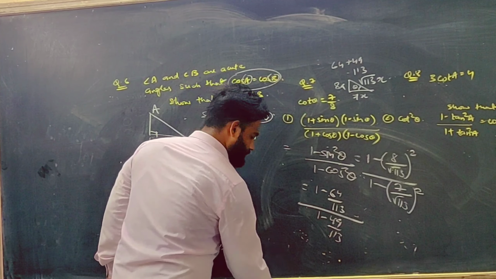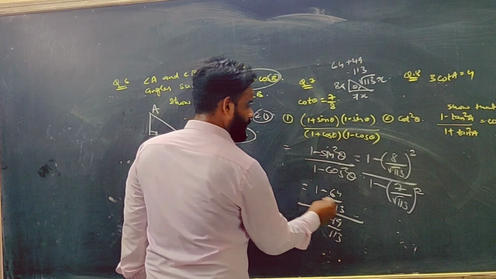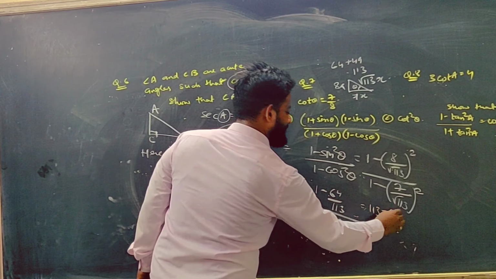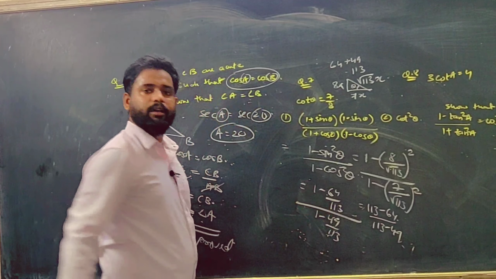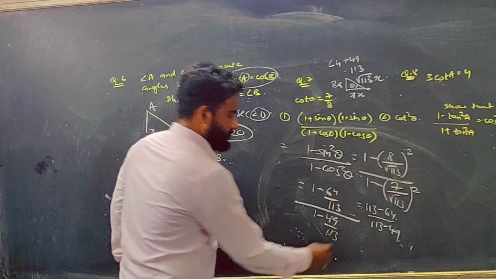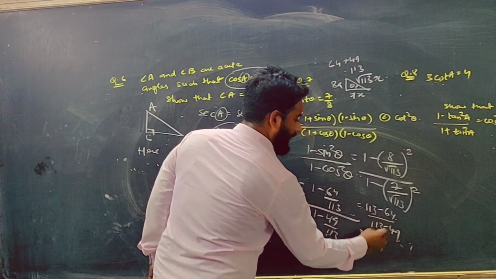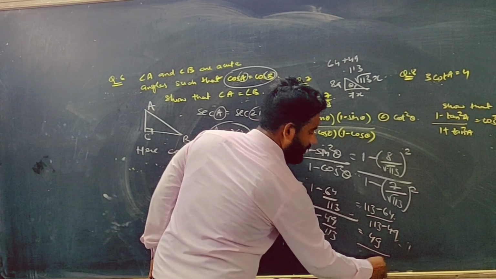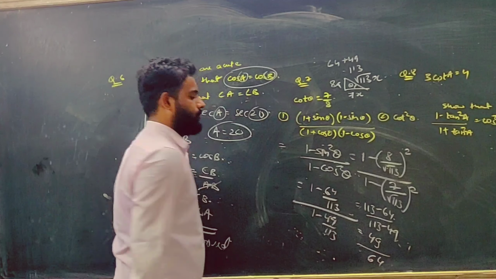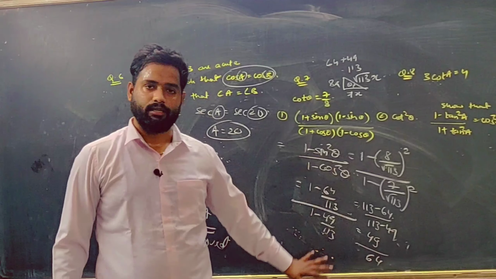If you take the LCM, it is 113 minus 64 upon 113 minus 49, and then both 113s cancel out. So it is 49 upon 64, that is your answer.